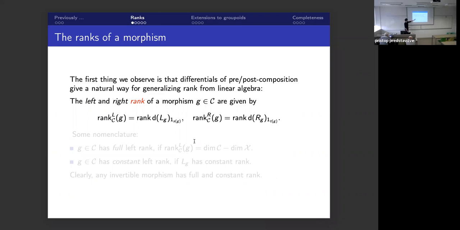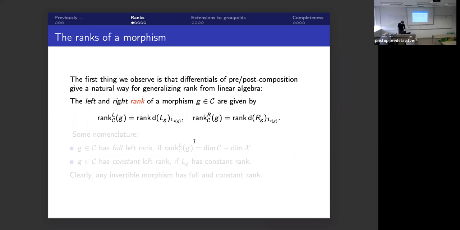So we are going to denote by rank L_C of G the rank of the linear map that is the differential of left multiplication by G at the appropriate unit. We could use any other morphism that's composable by G from the left, but of course there's a distinguished one, and we use that one.